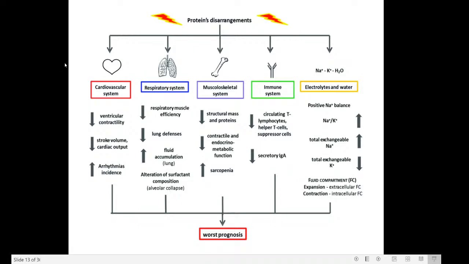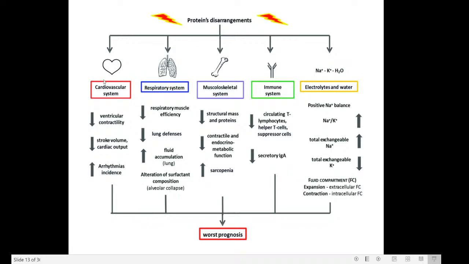In the cardiovascular system itself, ventricular contractility is affected, and stroke volume and cardiac output become low. Then arrhythmia incidents happen, which cause disease.